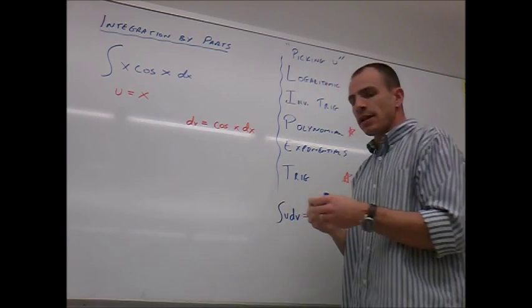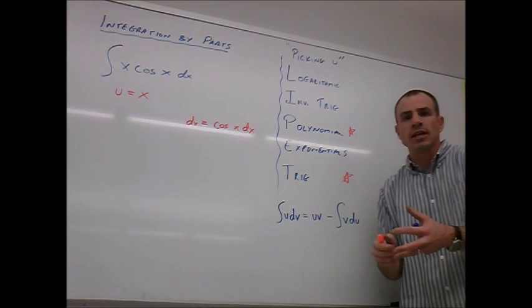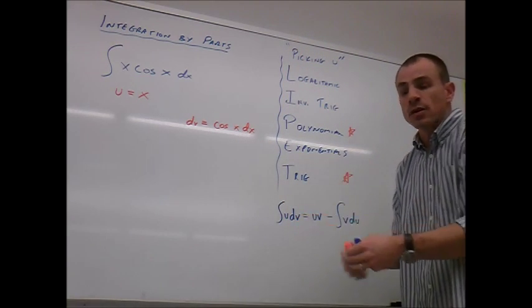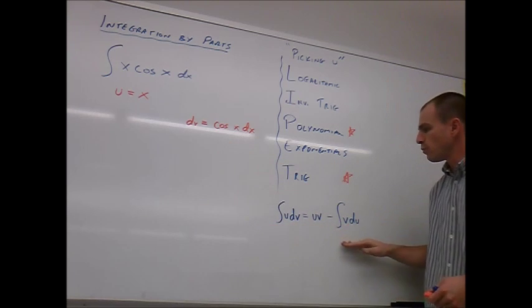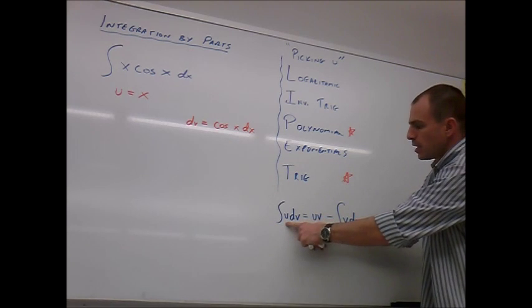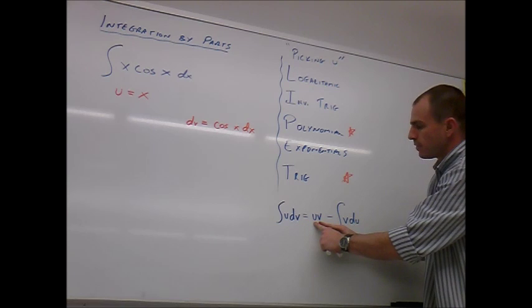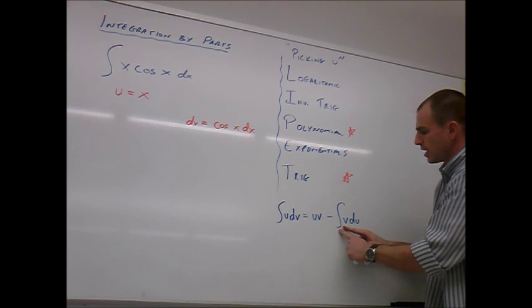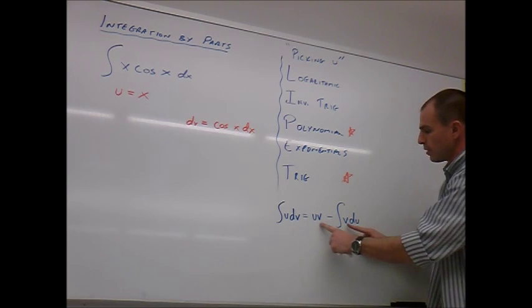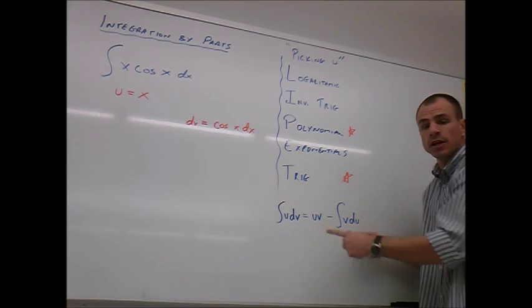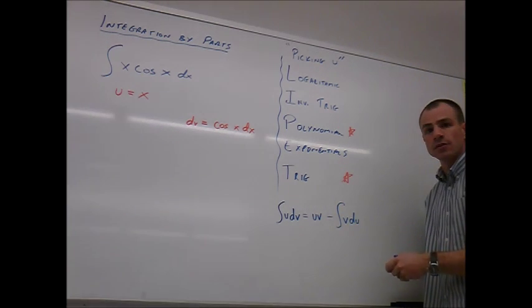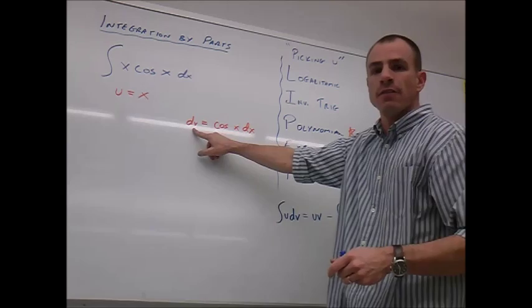Okay, so we've made that little identification. Now you want to go, why are we making this identification? Well, let's take a look at what we know that this will be equal to. We're going to have u times v, and then the antiderivative of v times du. So obviously we need v in order to get something over onto the right side of this equation. We don't have v, we have dv.